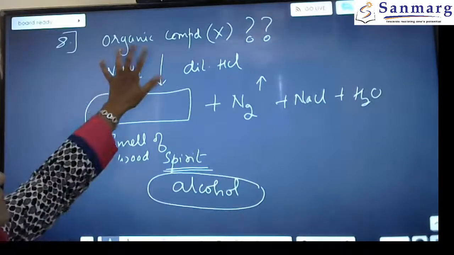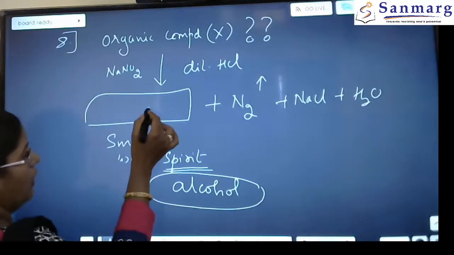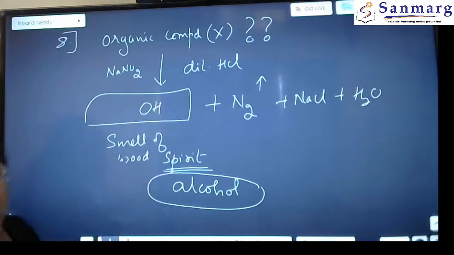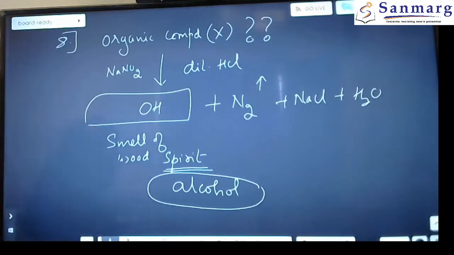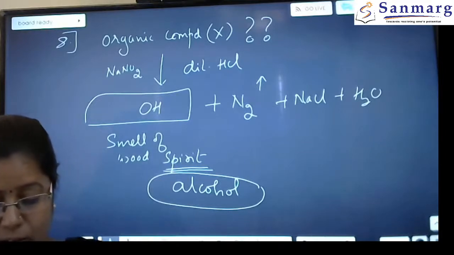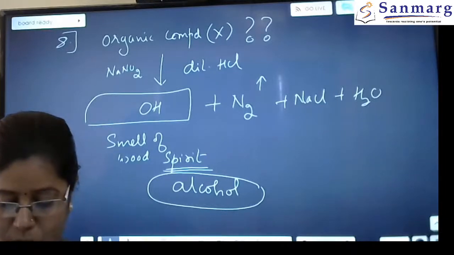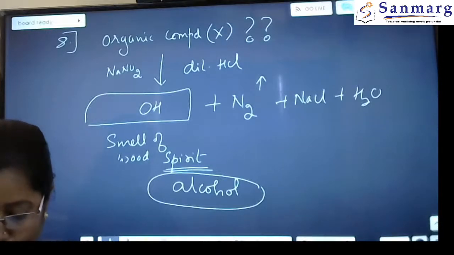Since they are getting an alcohol, it may be a primary alcohol, containing OH. So the compound here may be ethylamine, methylamine, formaldehyde or carbon monoxide.